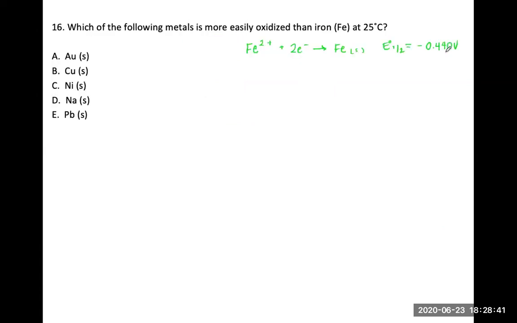Okay, for number 16, we're asked which of the following metals is more easily oxidized than iron. What I did is I found iron's least favorable reduction potential and wrote it here, because its least favorable reduction potential will give us its most favorable oxidation potential, which will just have the opposite sign.